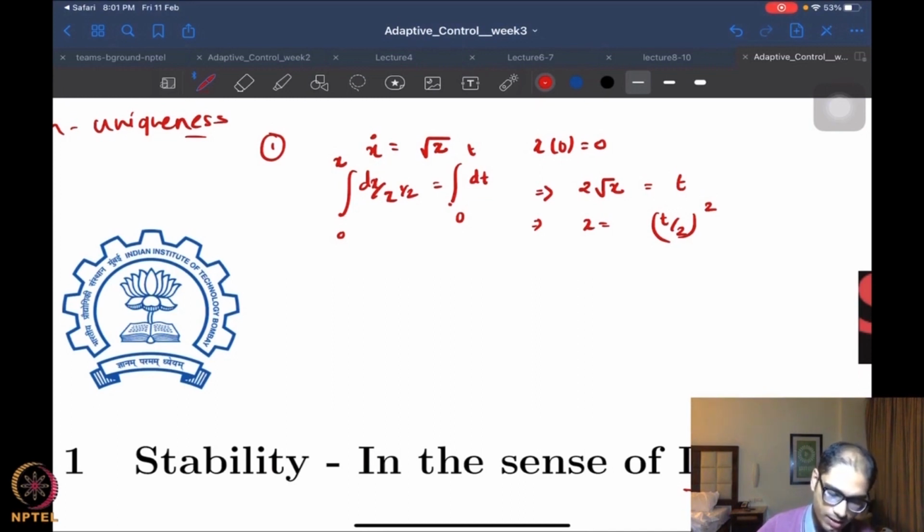Initial time is 0 and initial state is 0, so I have 0 here. This implies x equal to (t by 2) whole squared. Now notice that this is definitely one solution that I found by legitimately integrating this.